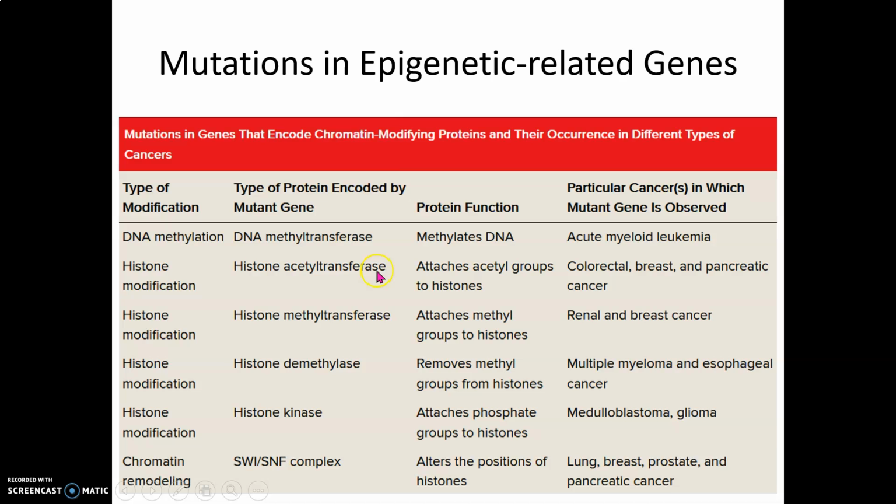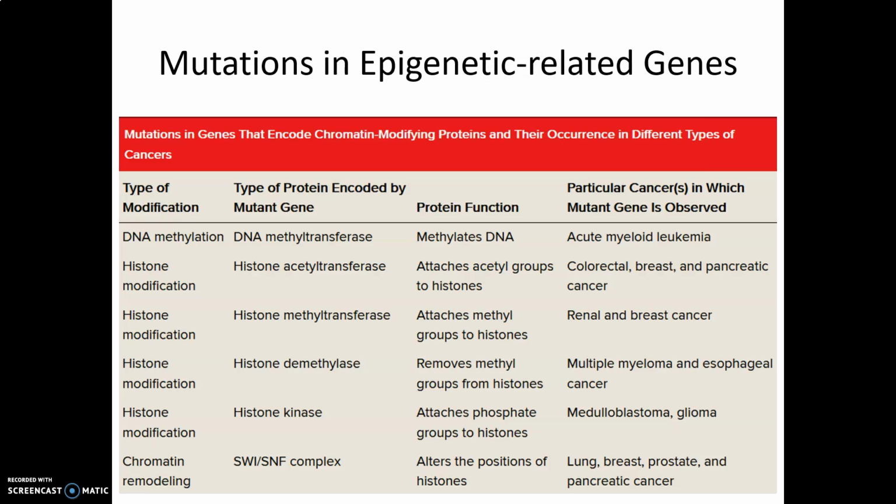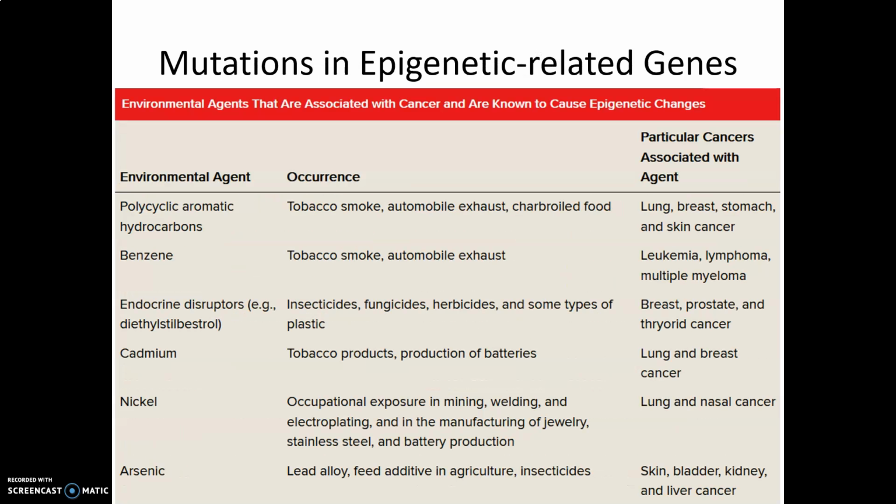Histone acetylation modifications, methylation and demethylases have been associated with colorectal, breast, pancreatic, renal, multiple myeloma, esophageal, okay? And then chromatin remodeling: lung, breast, prostate, pancreatic. So you see it's a wide range here, depending on what's going on. But we know that mutations in these three can lead to different types of cancers.